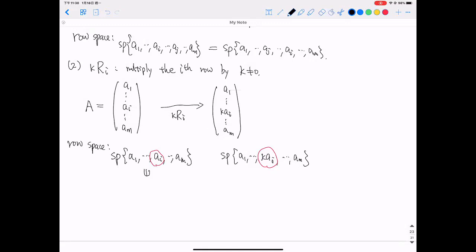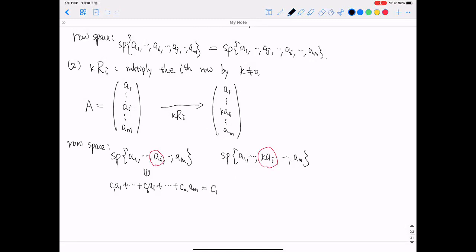To see that, you just pick an arbitrary element from the row space of A. That's going to look like the following linear combination: c1A1 plus blah, blah, blah, plus ciAi, blah, blah, blah, plus cmAm.